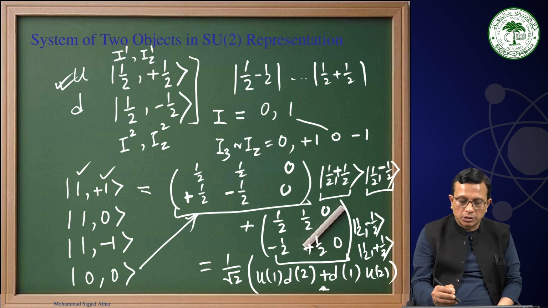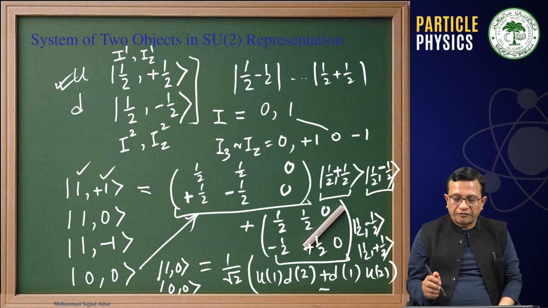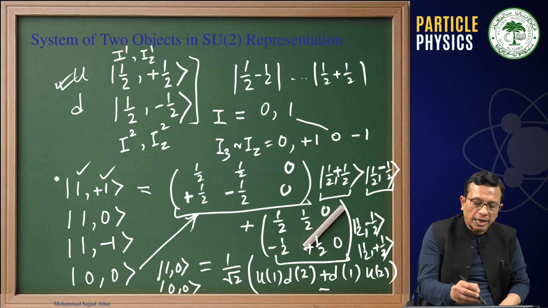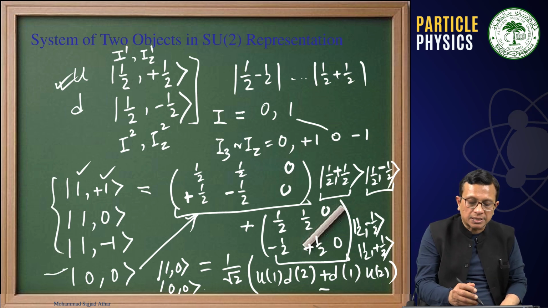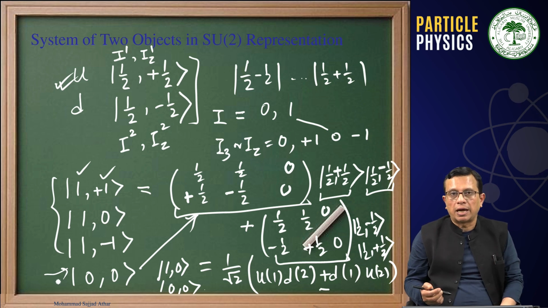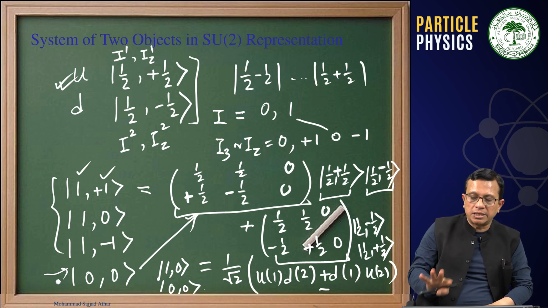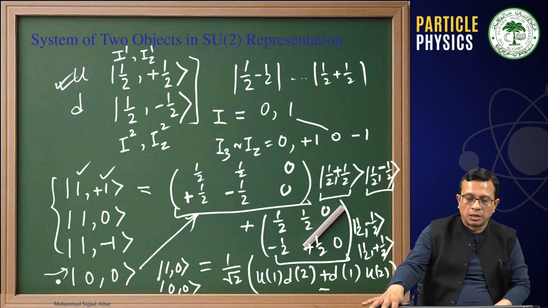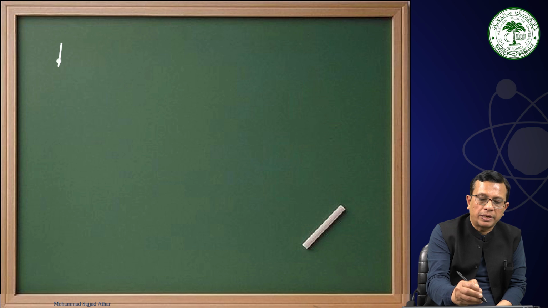Therefore, the top one represents the 1 0 state and the bottom one represents the 0 0 state. This is with a negative sign, and what I had told you is that these three will be completely symmetric while this is anti-symmetric.